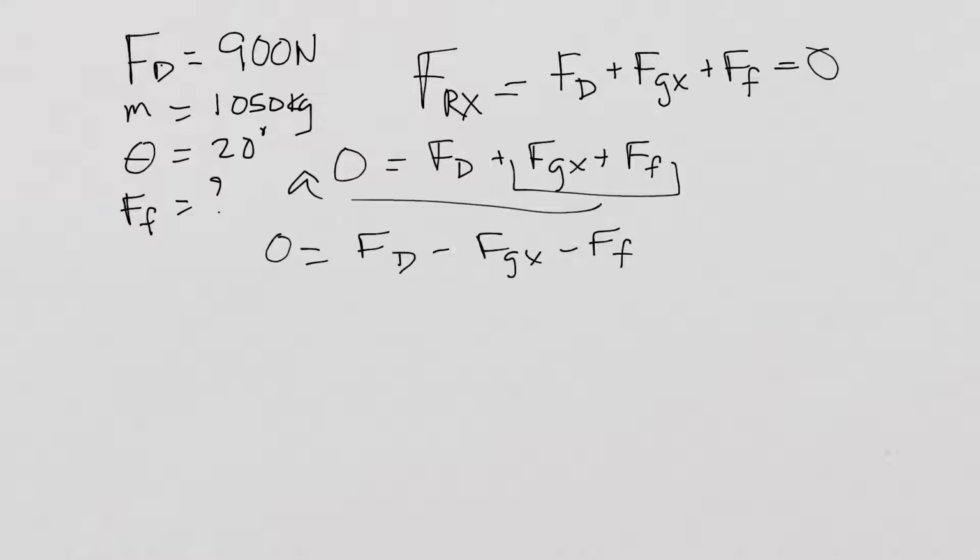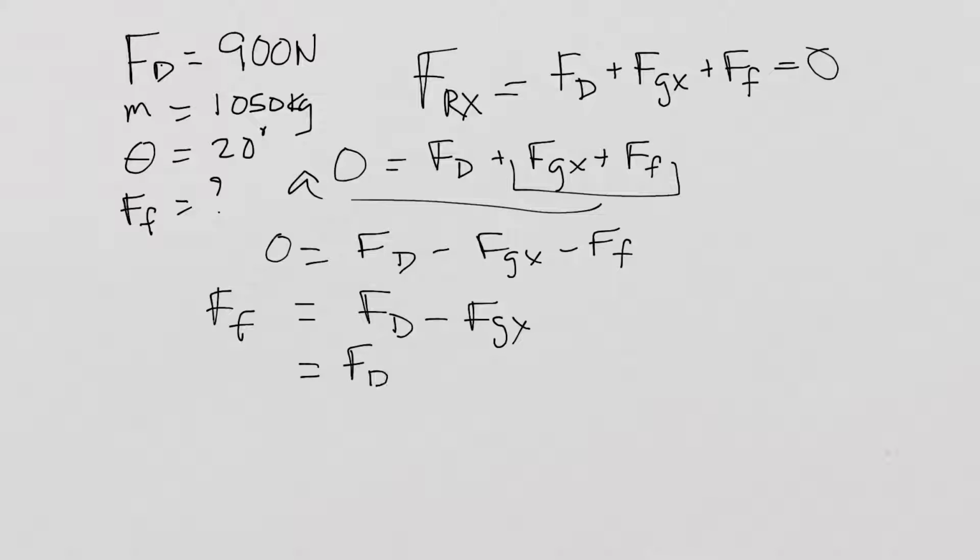Okay, so I'm going to bring FF over to this side, just because I want it to be nice and positive. I just want an amount here. FF is then going to be equal to FD minus FGX, is it not? So let's actually do the math here. Do we have FD? Yes. We sure do. We'll input that later.